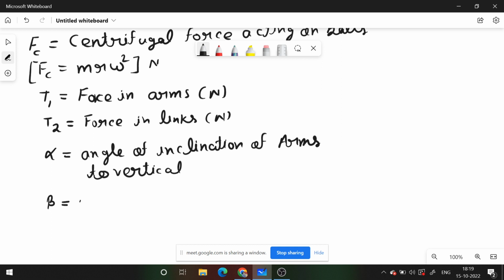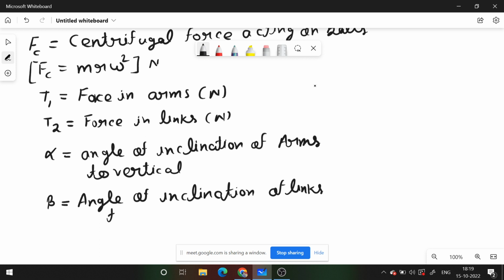Beta is equal to the angle of inclination of links to vertical.